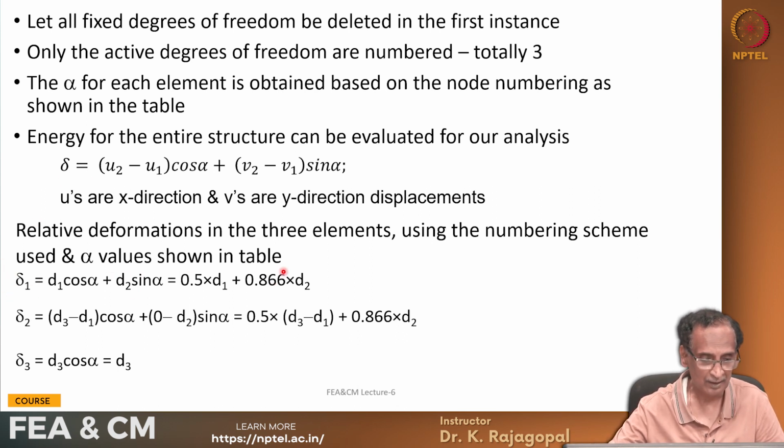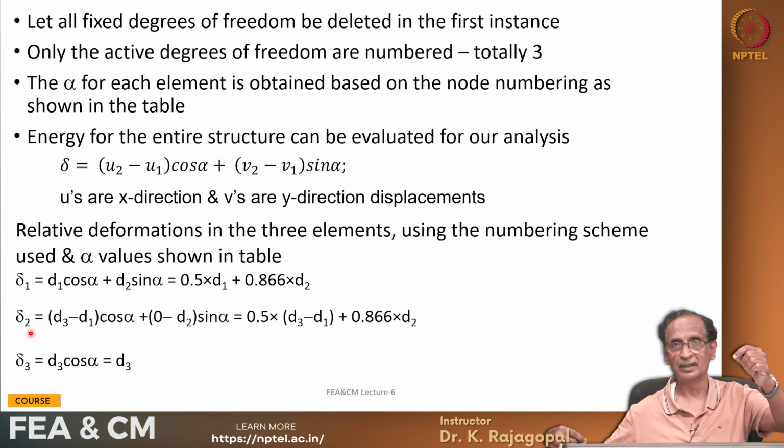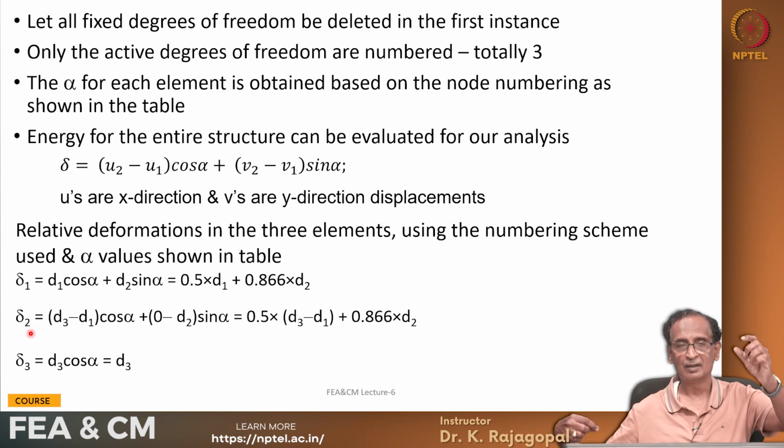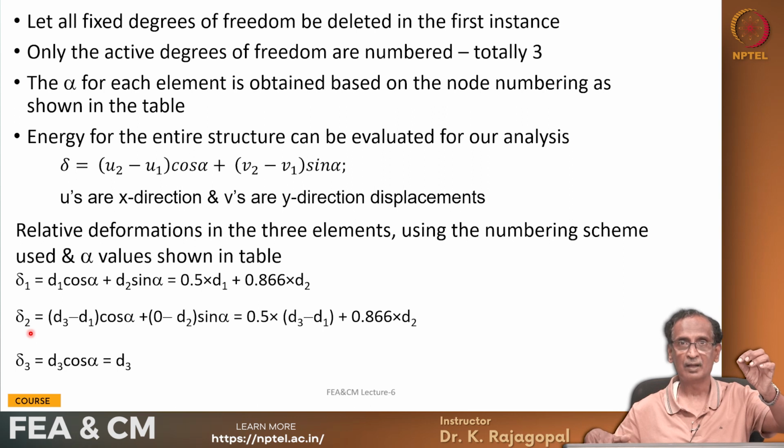So our delta 1 is this, and our delta 2 is actually connected between node 2 and node 3. Node 1 is node 2 and node 2 is 3, and at node 3 we have d3 along the x axis, and along the y axis it is fixed, 0.